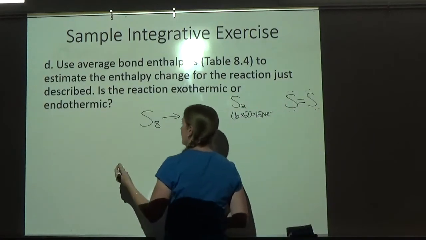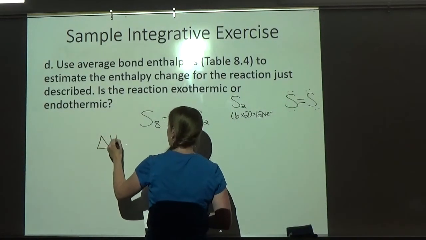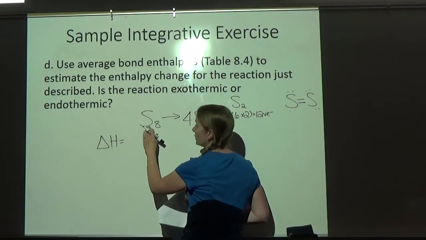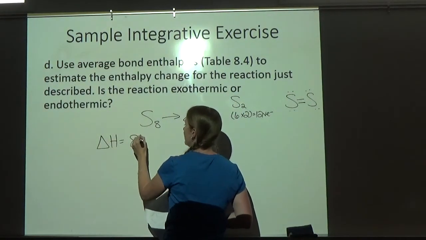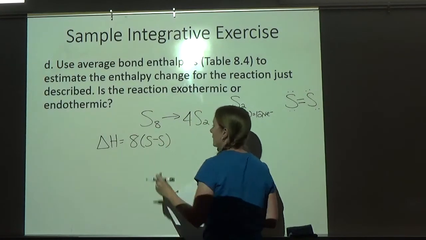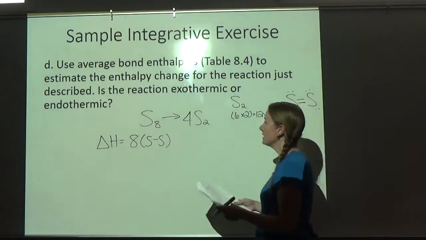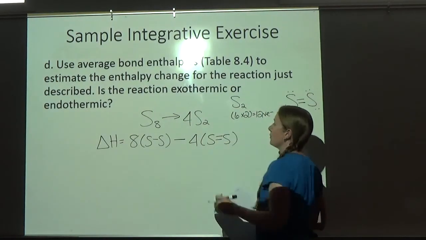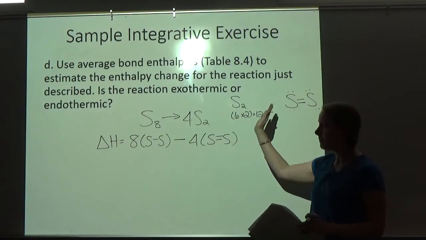So what exactly are we doing here? Remember, our delta H is our bonds broken minus bonds formed. So I have 8 S-S bonds. I'm going to take my 8 S-S bonds and subtract my 4 S=S double bonds. Remember, bonds broken minus bonds formed.